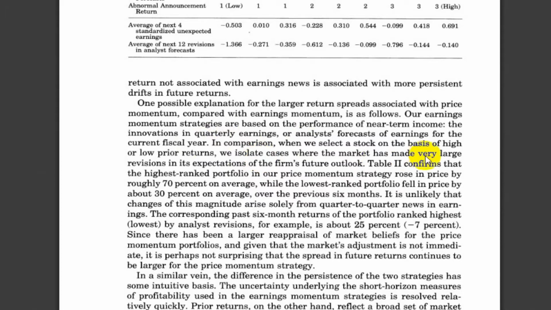And in fact, if you remember back from the prior tables, the highest decile portfolio returned 70% in the past 6 months, whereas the lowest ranked lost 30% in the past 6 months. So a change that large would mean that something really big happened at the company to cause it, and is very unlikely to just be a quarter-to-quarter response.